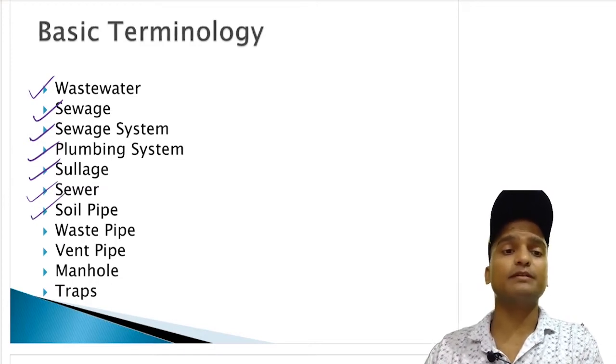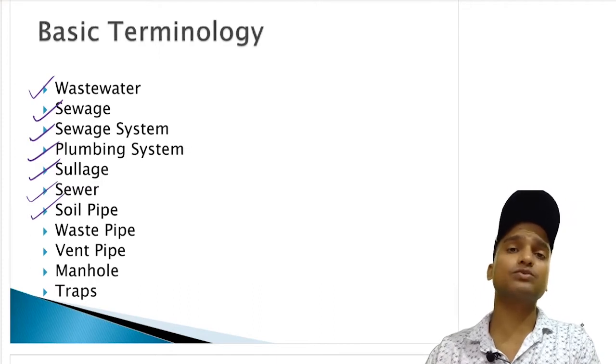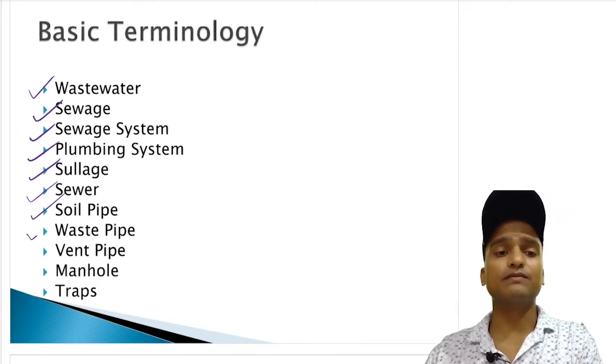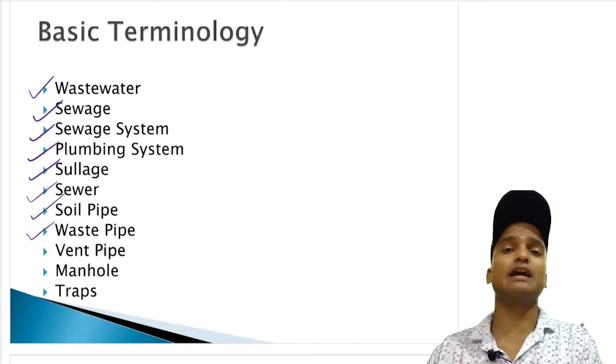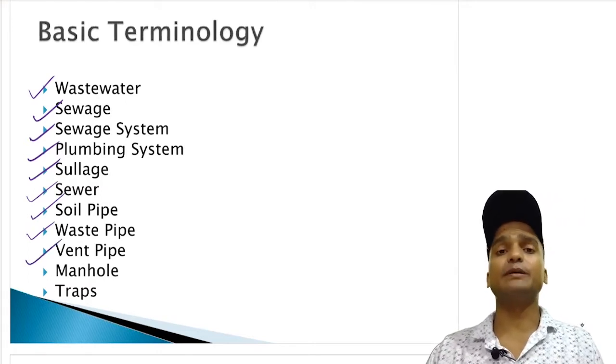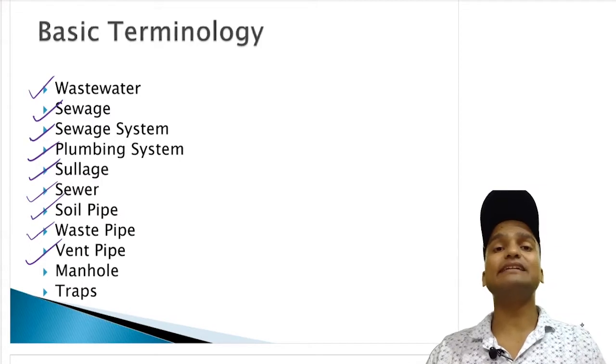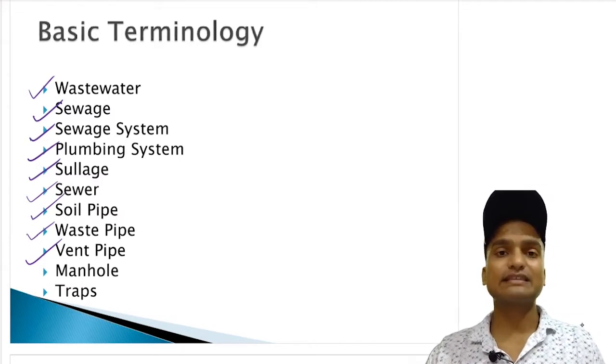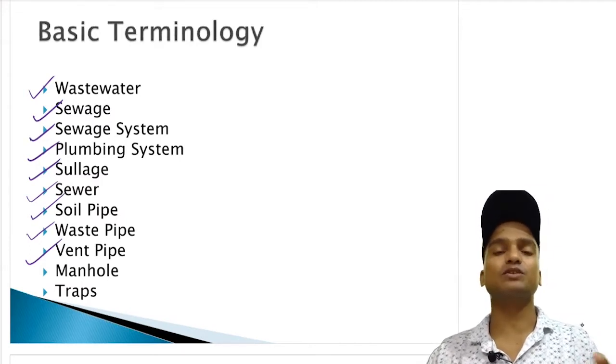And then is the soil pipe, that pipe which carries soil water. Then comes the waste pipe. Waste pipe is that pipe which carries the wastewater or the black water. And then is the vent pipe. Vent pipe ventilates the foul gases or toxic fumes that are going to be produced in the sewage system to the atmosphere.